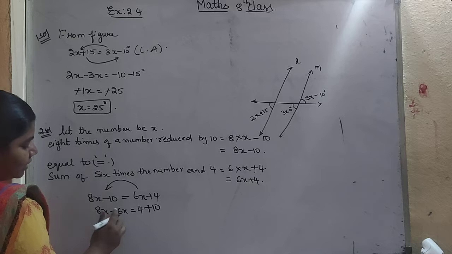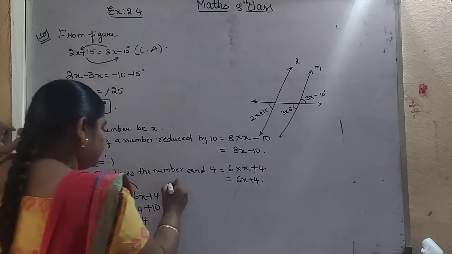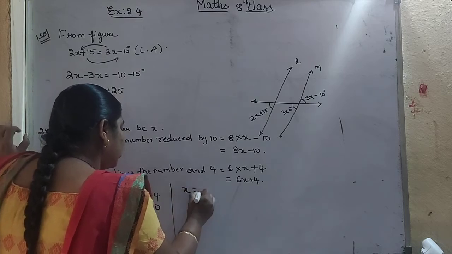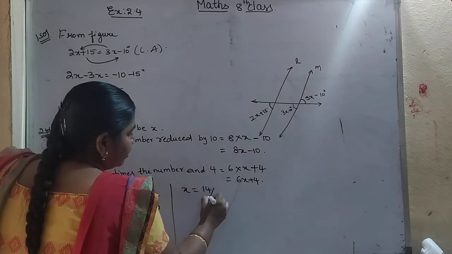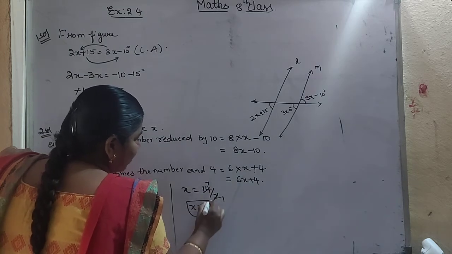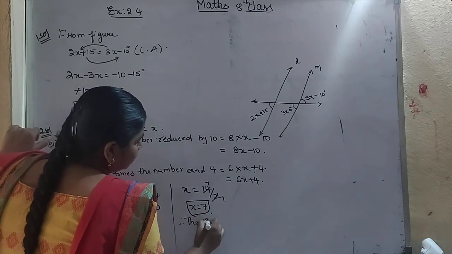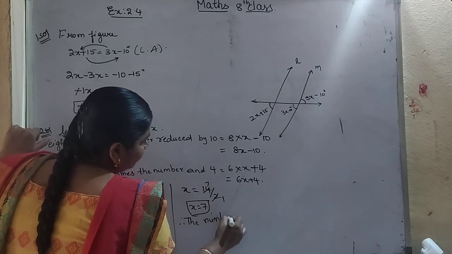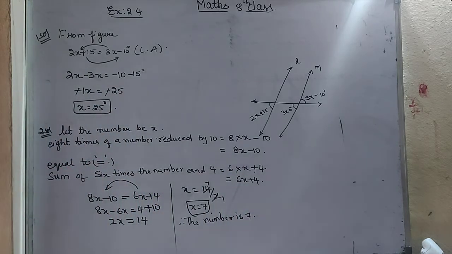So 8x minus 6x will be 2x is equals to 14. So x is equals to, I am transposing this 2 to other side, that will become division. So 14 by 2, 2 7s are 14. So what is the x value? X value is 7. So therefore the number is 7. So this is our second question.